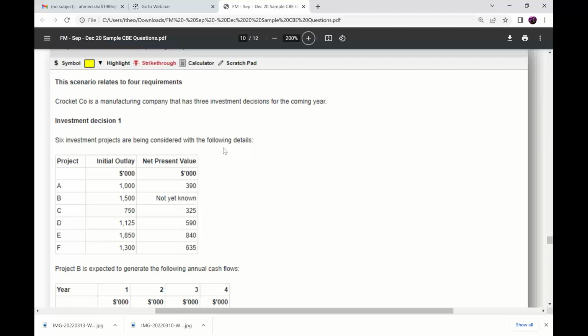Okay. Now, out of all 6 projects, you can see project A, C, D, E, and F all have NPV given, but project B's NPV is not given. Okay. Now, since project B's NPV is not given, you should be familiar and prepared that it will ask you to calculate project B's NPV.